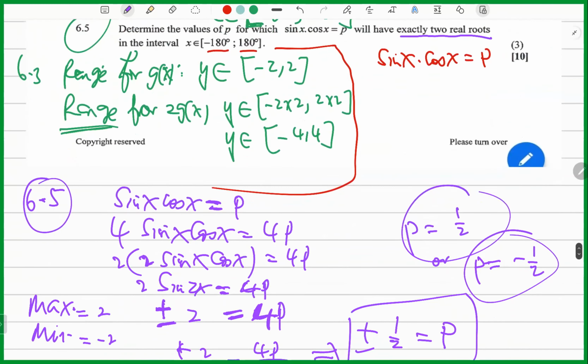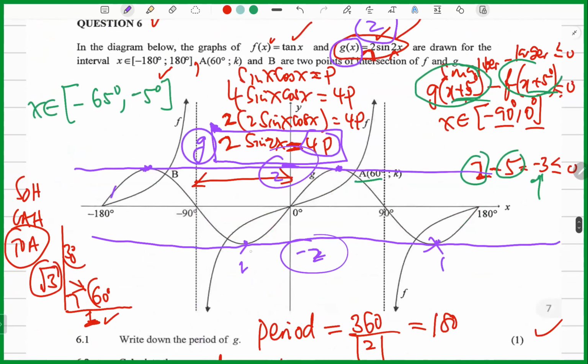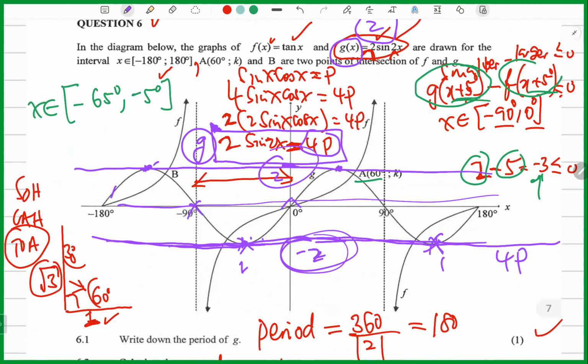The 2 real roots will occur when the line whose equation is 4p touches the graph at 2 points. And this can only happen if we allow the line to touch at minus 2 at the minimum, or at the turning points. Because if you let the line touch in the middle, then it's going to cut at 1, 2, 3 points.